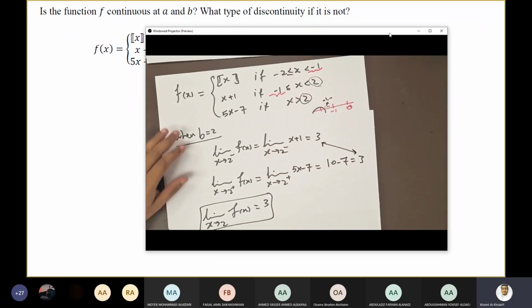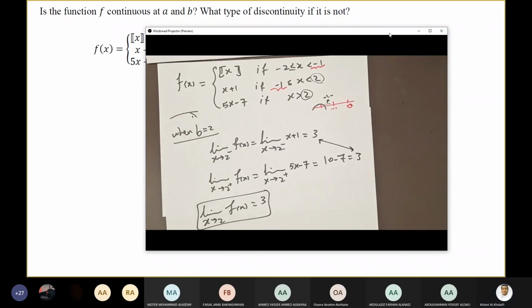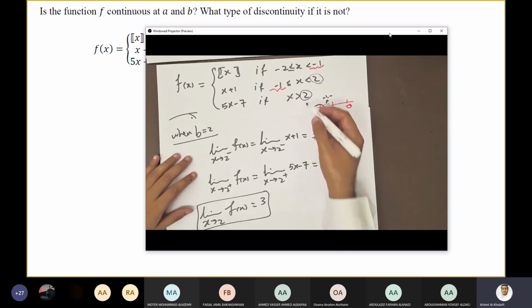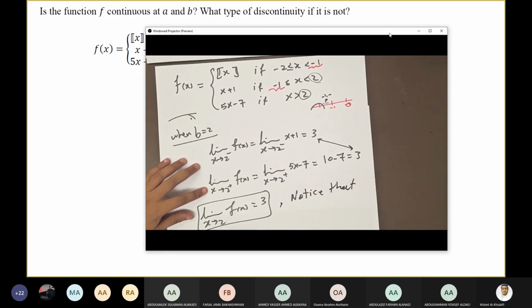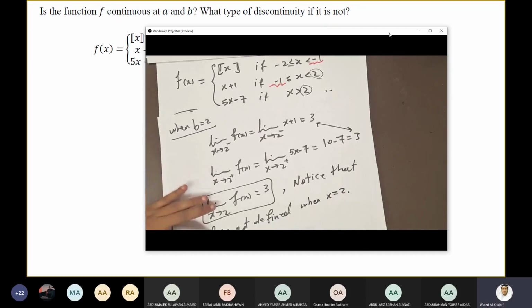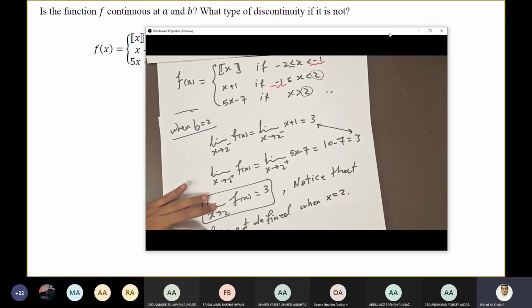So can we say the function is continuous? No. Why? Because it's still not defined at that point. Notice that f is not defined when x equals 2. So what will be the conclusion?